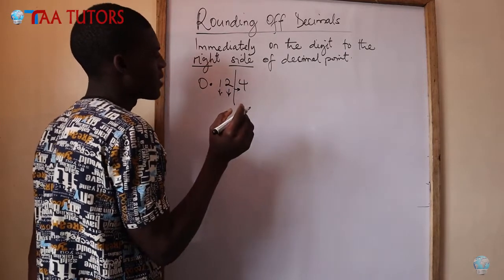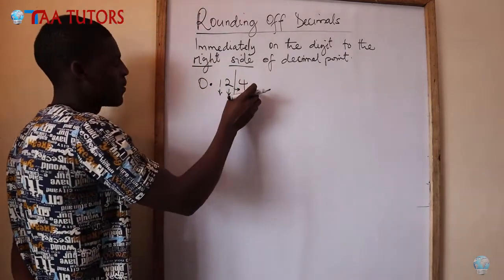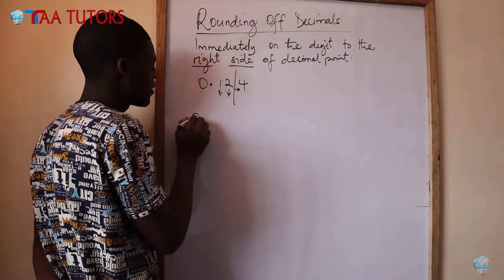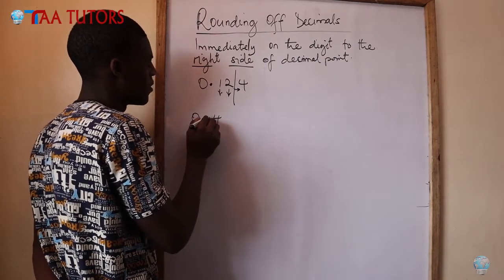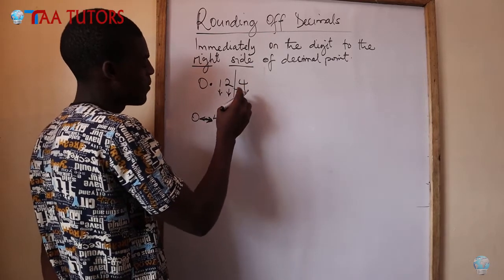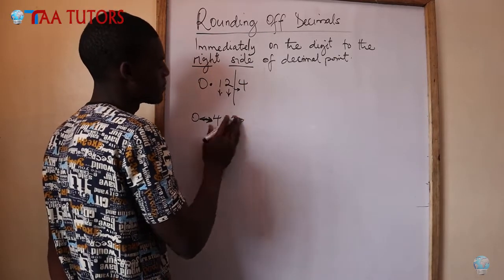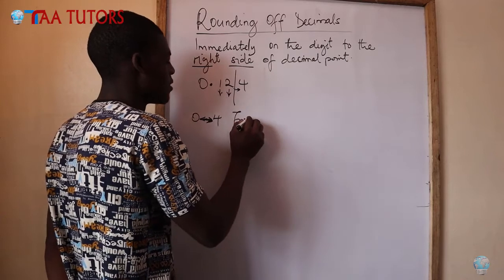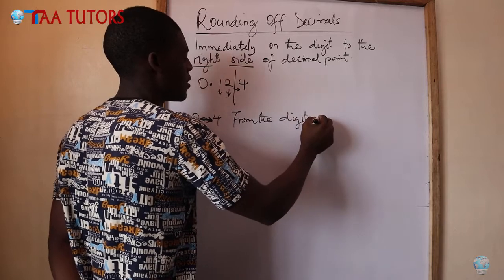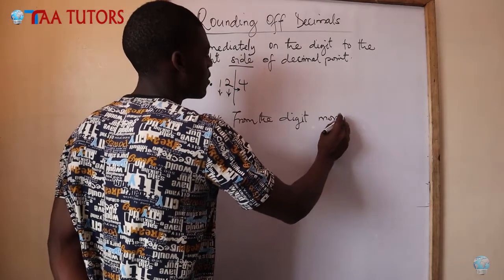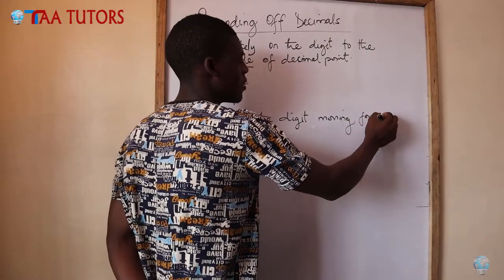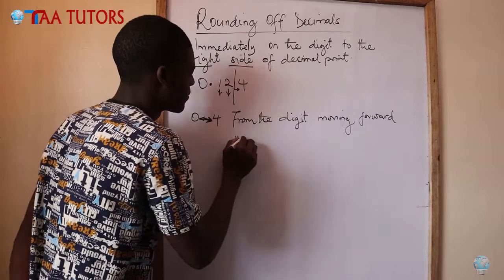We must remember 2 things. When the digit to the right of the required decimal places is between 0 and 4, then from that digit moving forward, the digits will be 0.